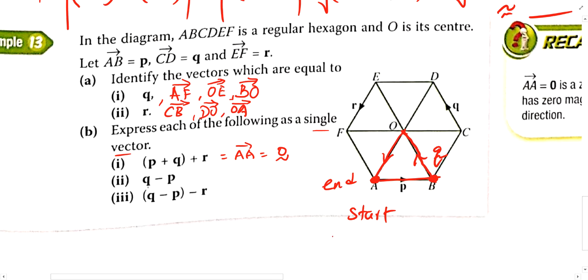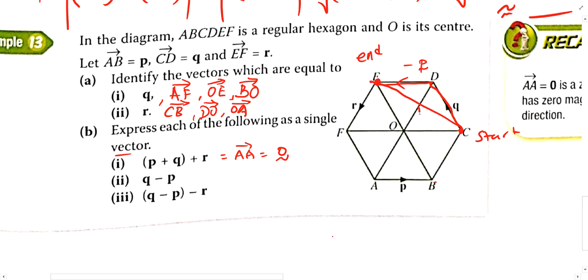Now, next one, Q minus P. Okay, try it on your own in your textbook. Q minus P. Go and trace it out. What do we have? It's actually CE. We just follow this, the start, and we go Q minus P. This is negative P. So this is our end. So the resultant is CE.